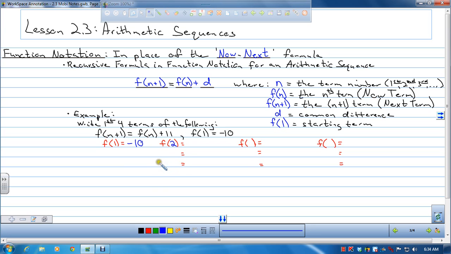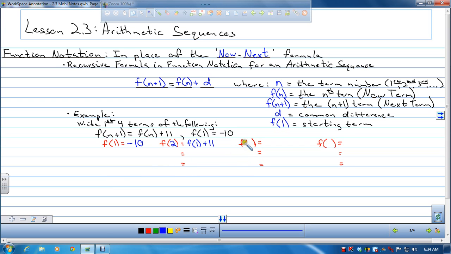A 2. If this is 2, then what must f of n have been? That would be the first term, right? And remember, the formula has me adding 11 each time.